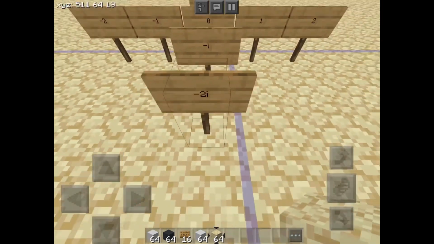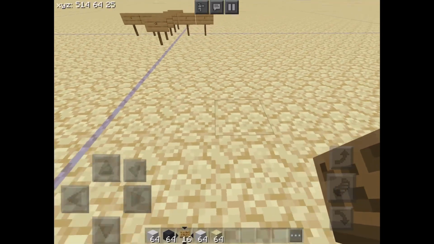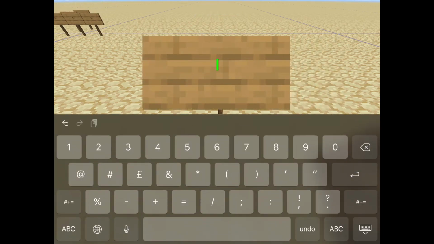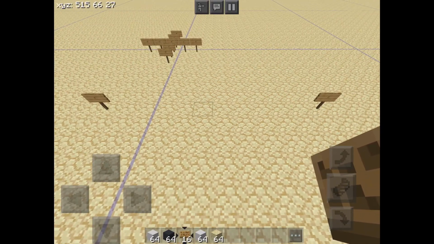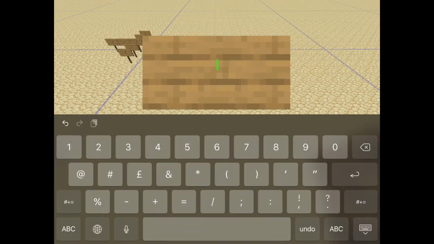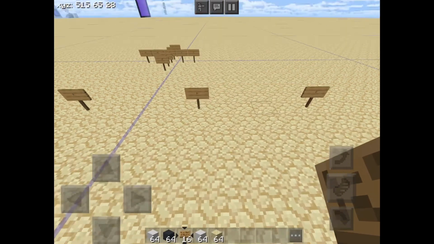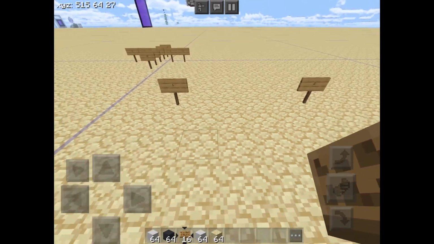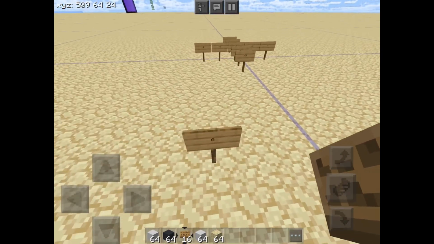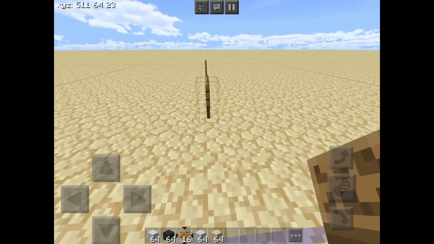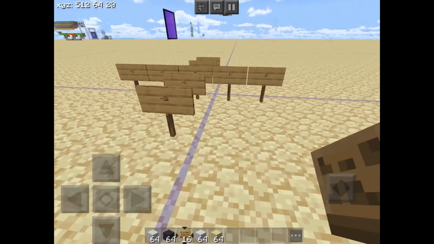So you might want to have 0 here, and then 2 over here, and you'll move this there, and 1 here maybe, and then sort of fill it in like this. And don't be afraid to use decimals, because really, decimals are kind of what make the Mandelbrot set as defined and as intricate as it is.